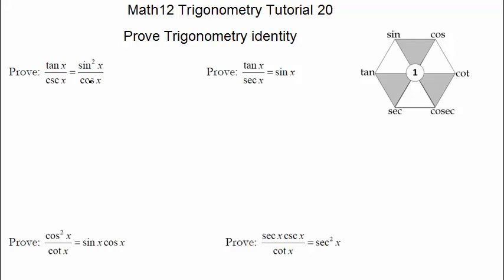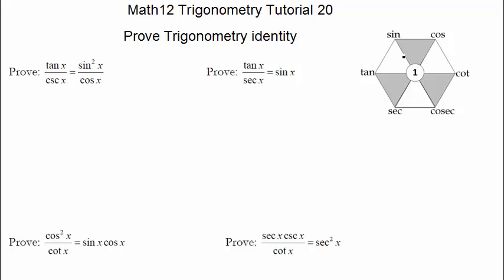There's only one trick here. We have the trigonometry identity hexagon. If you don't know what this is, please go back to my tutorial part 3 or part 4 to review it. This is the most important concept for this kind of question. Let's quickly review.